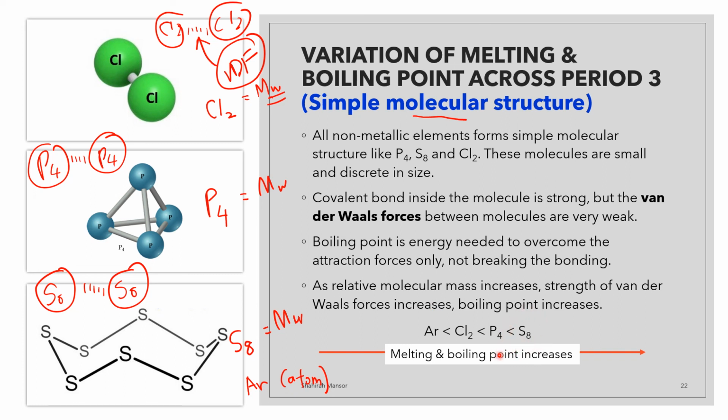So di sini kita akan dapati bahawa argon mempunyai atomic mass yang paling rendah, followed by molar mass of Cl2, P4 dan juga S8. Okay, di sini. So as the molar mass increases, strength of the van der Waals forces will increase, the boiling point and melting point will increase.